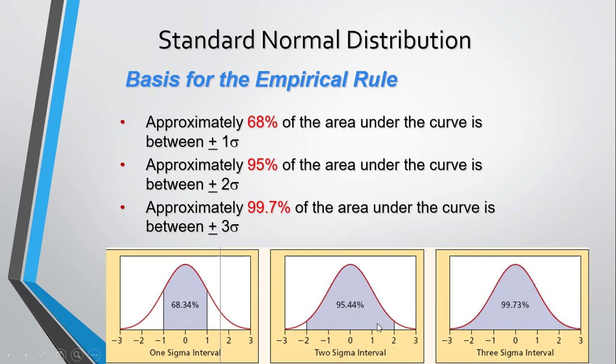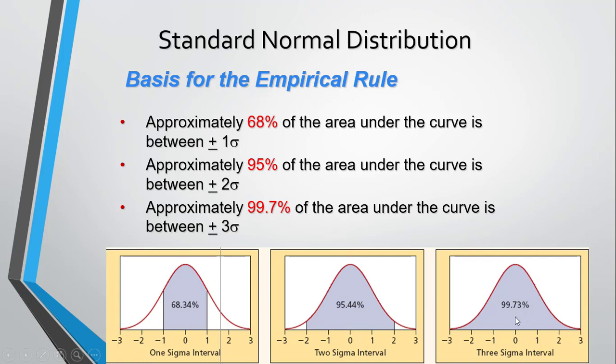We use plus and minus 1.96 to get 95%. If it's between 2 and -2, it's a little over 95%, right? So it's actually 95.44% between +2 and -2. And between +3 and -3 sigma, there should be 99.73% of the curve.